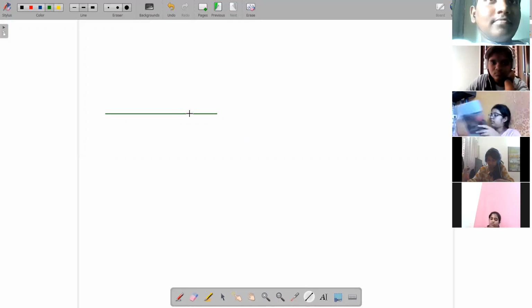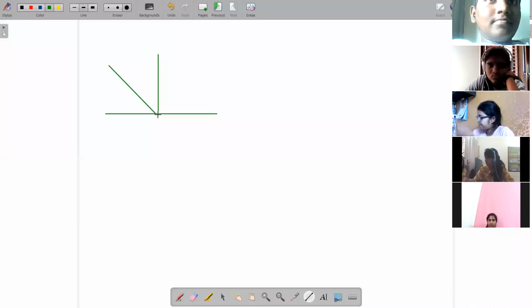So, when the mirror is fixed, the incident ray is turned by an angle theta. Let us take this as the normal, and the incident ray initially falls here with some angle, giving the reflected ray.